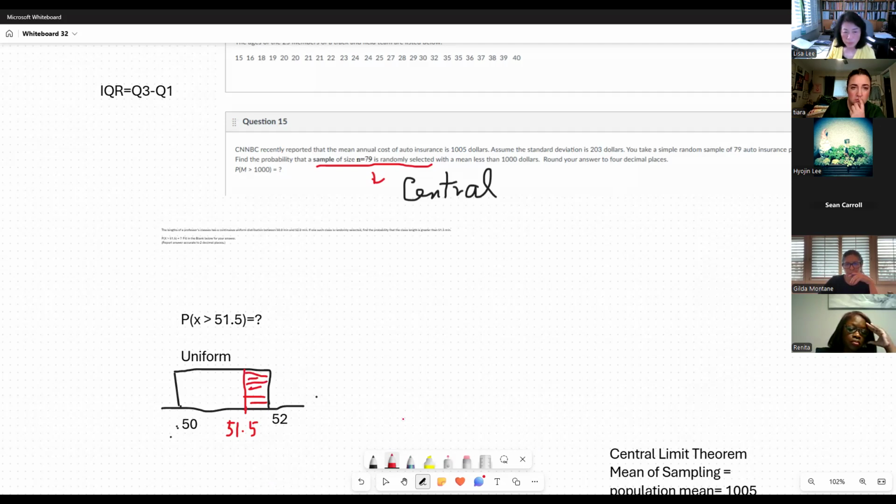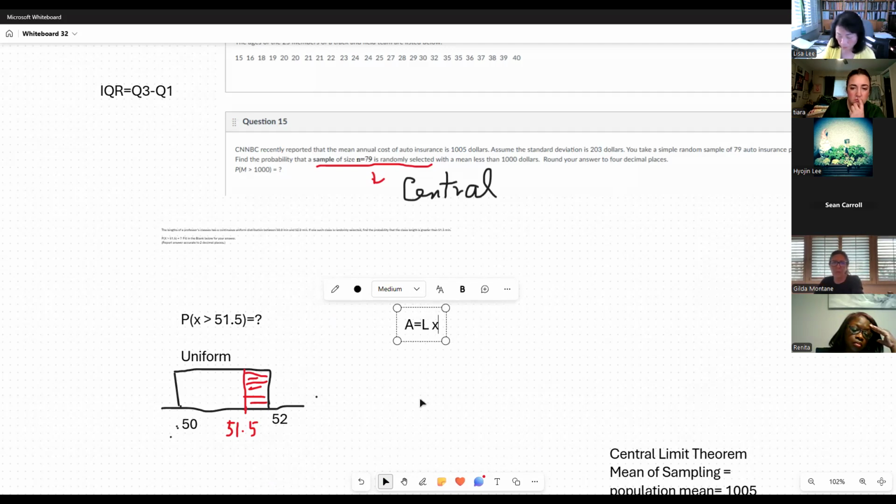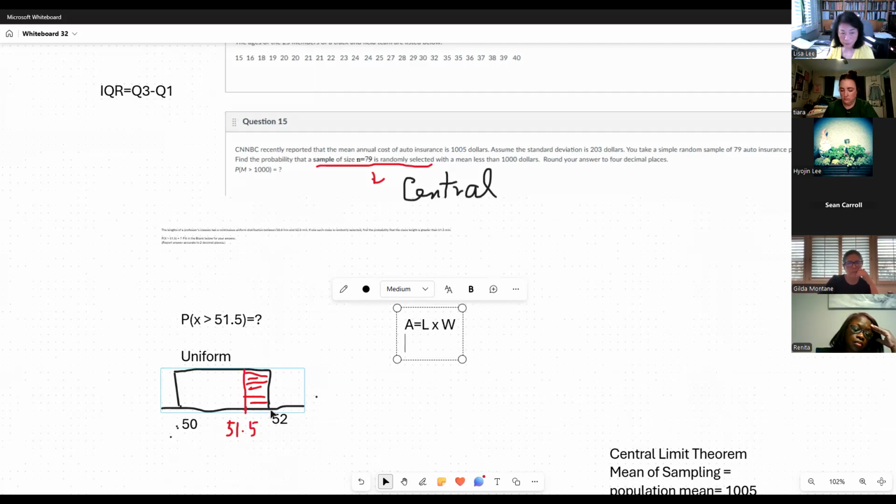You just need to use the idea from our geometry, that the area is equal to the length multiplied with the width. So compared with that rectangle, the length will be the base part, the bottom part in this small rectangle here.